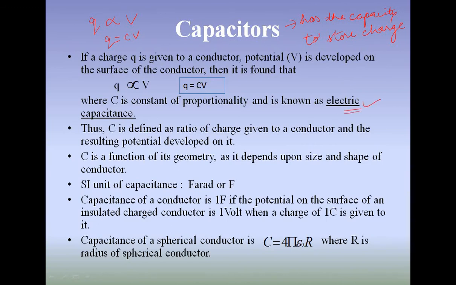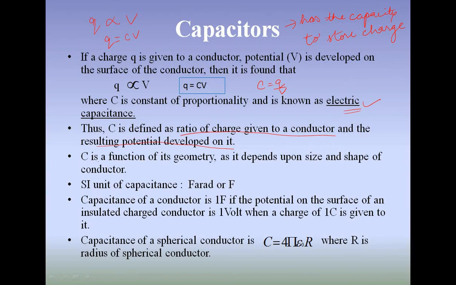This C is defined as the ratio of the charge given to a conductor and the resulting potential developed on it. C is equal to Q by V, so it is the ratio of charge to potential.